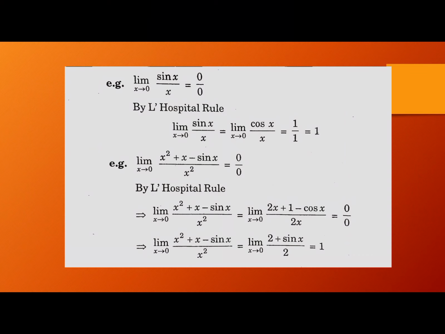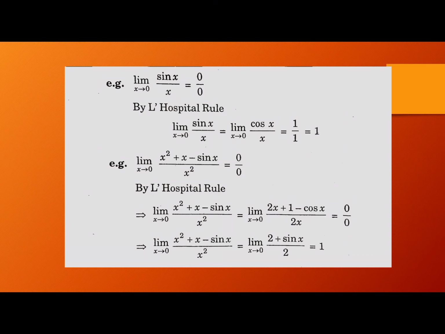Next example is limit x tends to 0, (x square plus x minus sin x) by x square, which is equal to 0 by 0. By L'Hospital's rule, limit x tends to 0, (x square plus x minus sin x) by x square is equal to limit x tends to 0, (2x plus 1 minus cos x) by 2x, which is equal to 0 by 0.